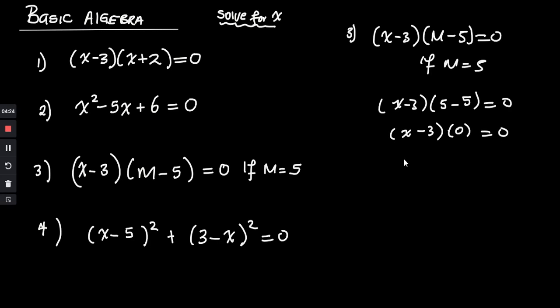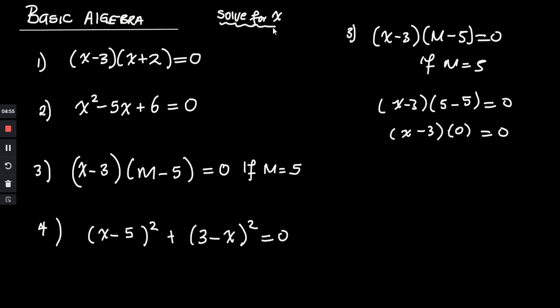Of course, when x is equal to 3, as you saw in the previous problem, you will have 3 minus 3 times 0, which will give you a 0 solution, which means 3 works in this case. But then, what if x is 5? We'll have 5 minus 3 times 0, which will still give you 0, which means it's a solution.